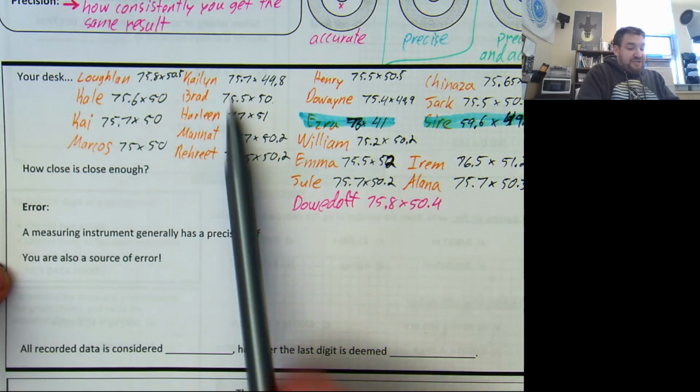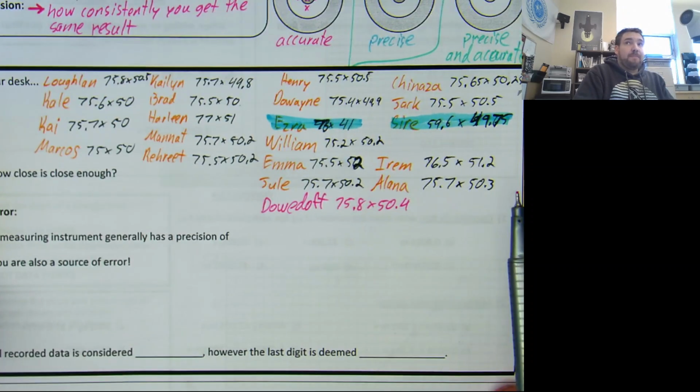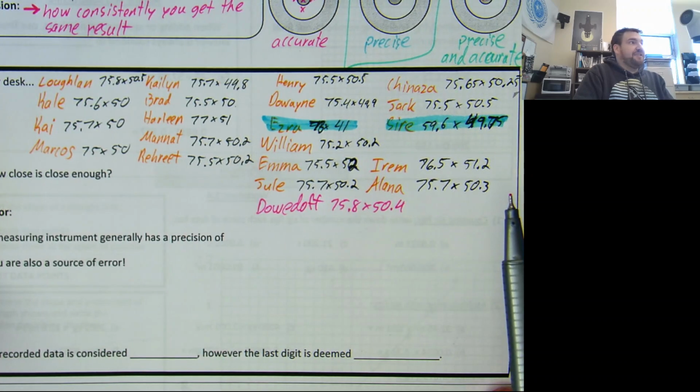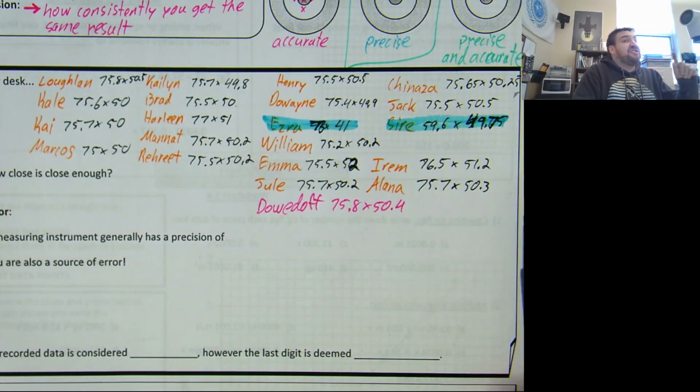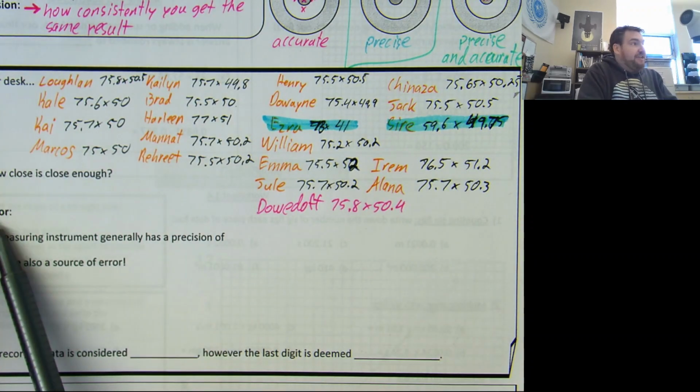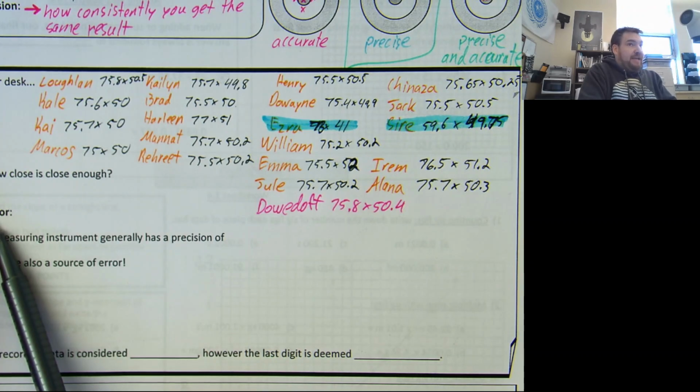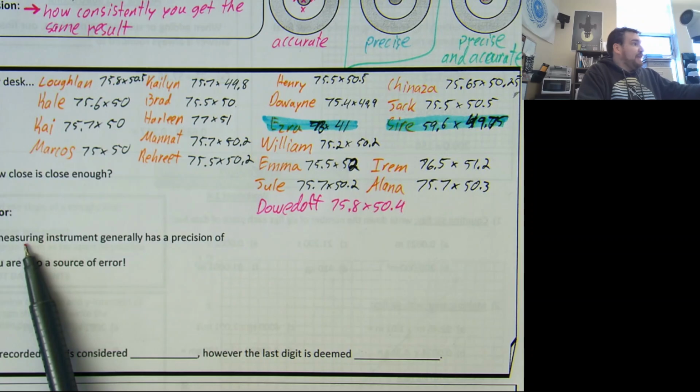You have a whole bunch of different values here. Error isn't necessarily about how right or how wrong you are. Error is built into everything. You can't necessarily be 100% correct because someone made the rulers you are using.